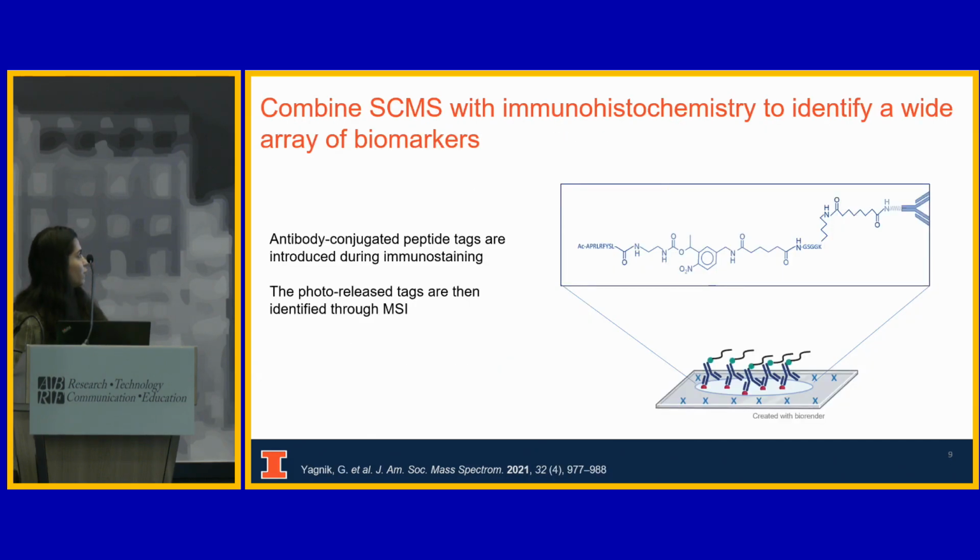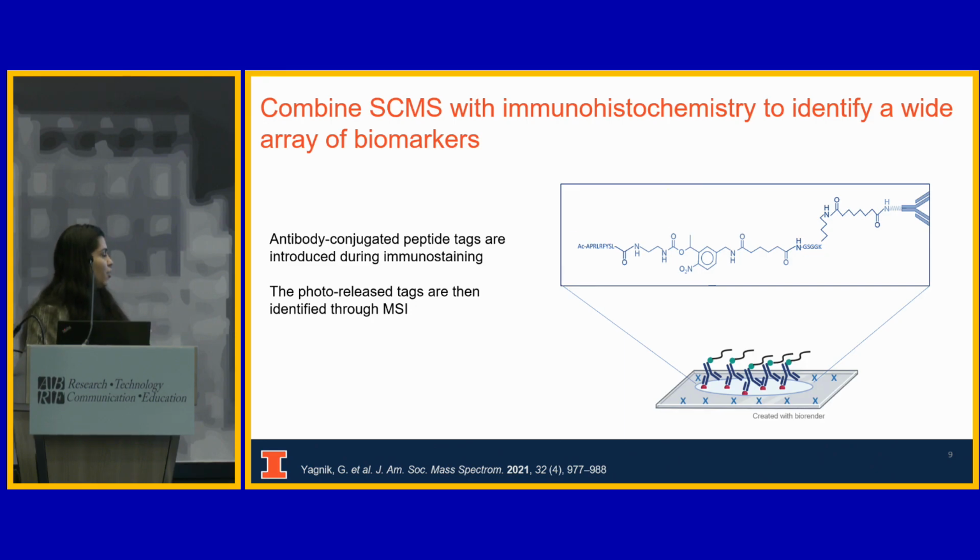Okay, so along with the single cell mass spectrometry, we can also add immunohistochemistry in addition to this single cell probing. A colleague of mine has developed these antibody conjugated mass tags, I would call them peptide tags too, which is basically an antibody conjugated to a peptide mass reporter, and it's introduced during a simple immunohistochemistry.